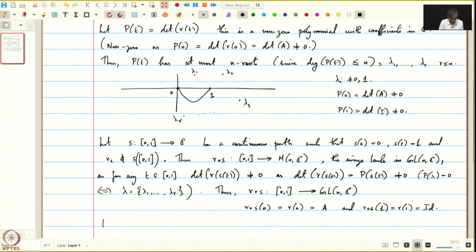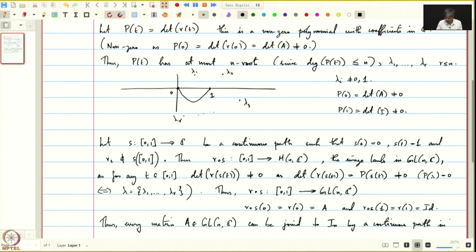So thus every matrix A in GL_n(C) can be joined to identity by a continuous path in GL_n(C).